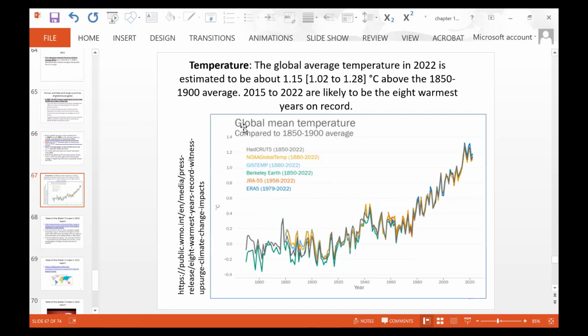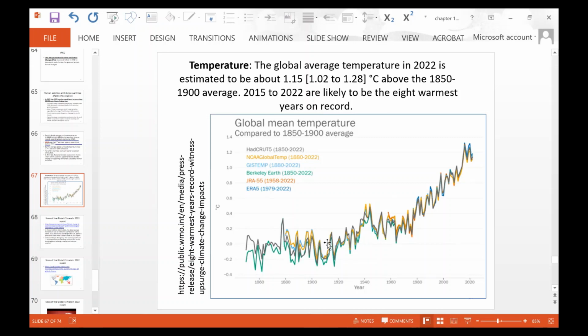So that's why these numbers on the left are not in temperatures, they are in anomaly compared to the average temperature of 1850 to 1900. So you get the average between 1850 and 1900, and you use that as the baseline, and that would be the 0, and then you see if temperatures are below or above the average.